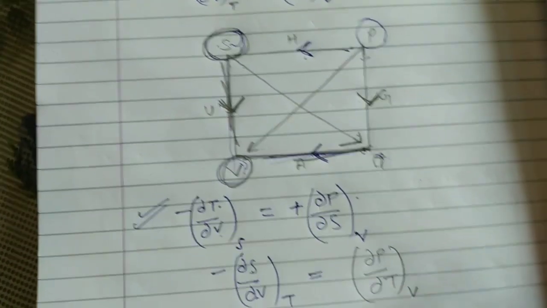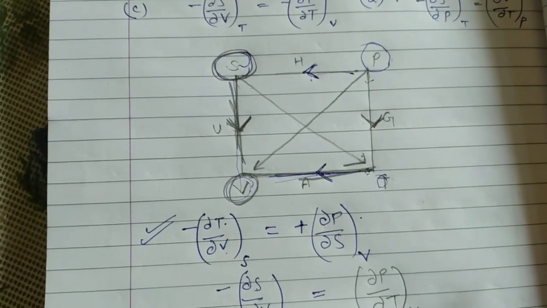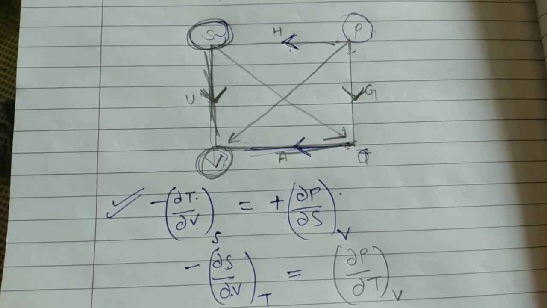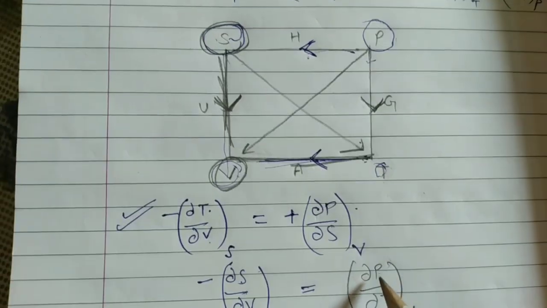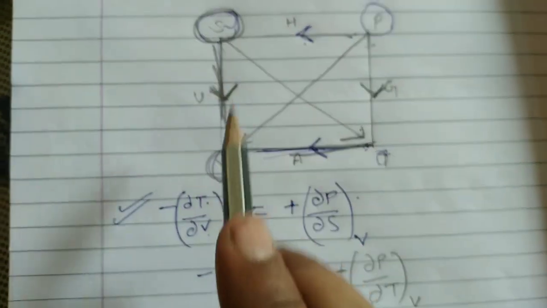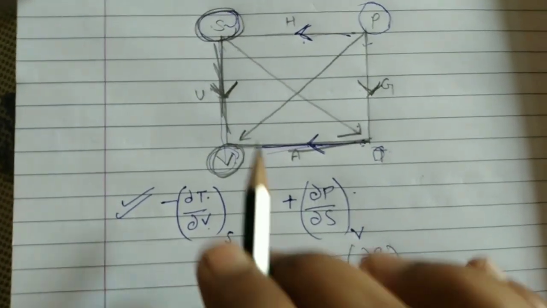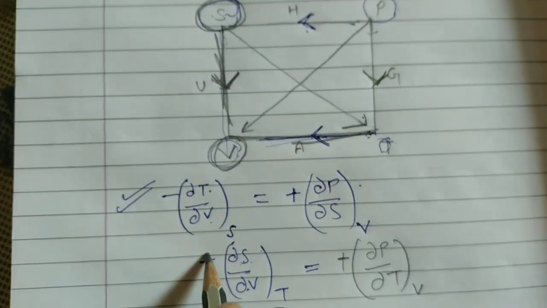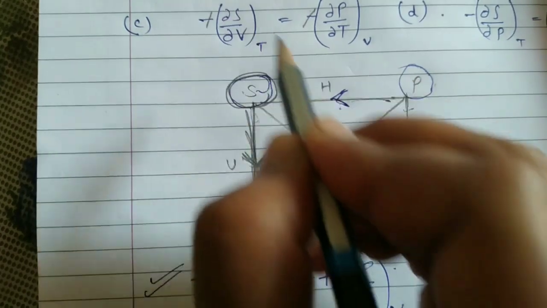Now we have to decide the sign. Here the sign will be taken as positive, because the sign will be decided by the numerator and the numerator will be positive here, and here also there will be no negative sign because the sign will be decided by entropy, and there is no arrow on this entropy, the arrow is on the temperature side, so this sign will also be positive, so this negative will be cancelled out and it will be a positive sign.